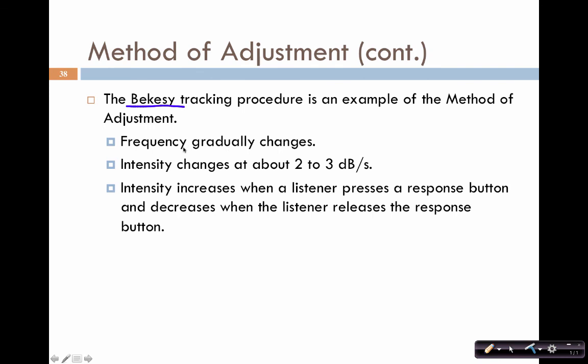But this shows a constant up and down of the decibel value. And again, with Bekesy audiometry, you would just take the mean value of multiple trials. But the listener is in control of this, and it's been a classic type of measurement, but really not one that's utilized very much in basic clinical audiometry anymore.